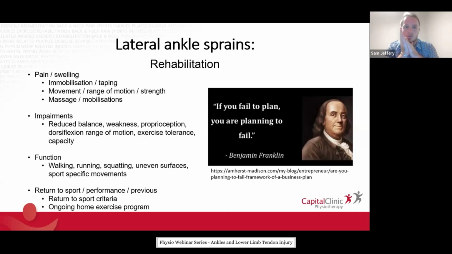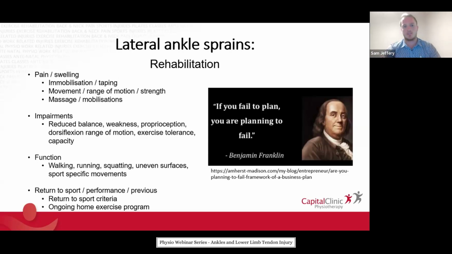Then what we're going to look to in rehab, and I'll sound like a broken record for all of these, is looking impairment based. So does the person have reduced balance as a result of their injury, or weakness, or reduced proprioception, range of motion, particularly into dorsiflexion, and then pain, exercise tolerance, and capacity? Because what we then want to do is address those before we send someone back out to an activity where they have any risk or higher risk of re-injuring themselves.